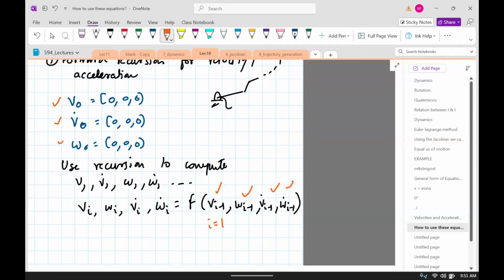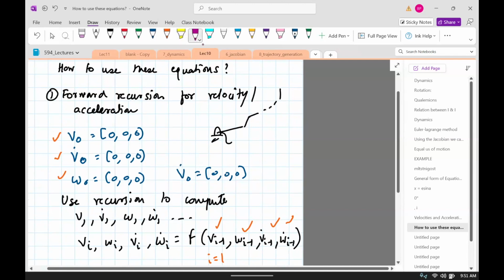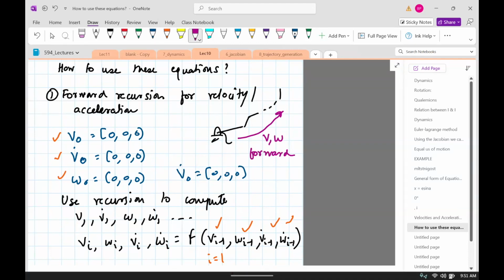So if you put V0, omega 0, acceleration 0, P dot 0 is 0, 0, 0. Because we know the function at i equals 1, we can find the velocity, linear and angular, using this formula, and then you just keep doing this. So this way you'll get all the velocities. You'll go from here all the way there. So velocity goes v, omega. This is the forward recursion. You go forward from the base all the way up.